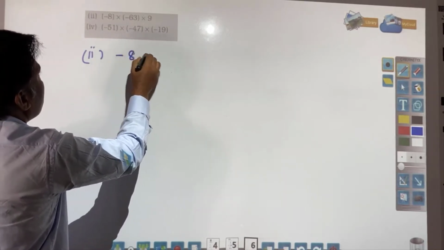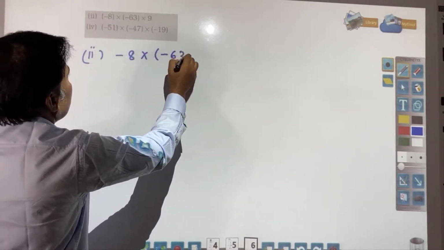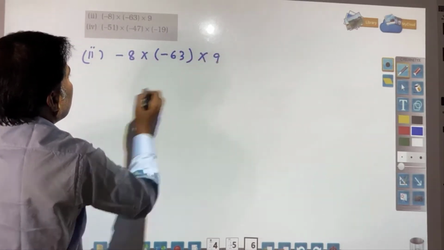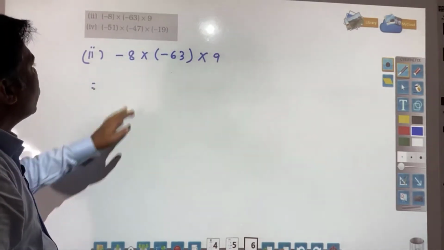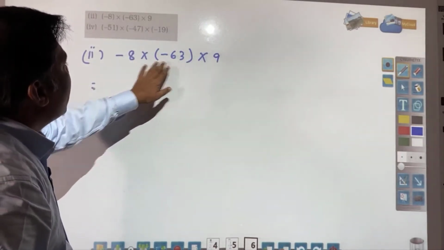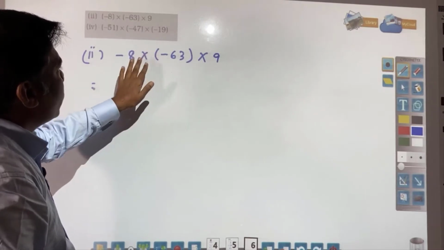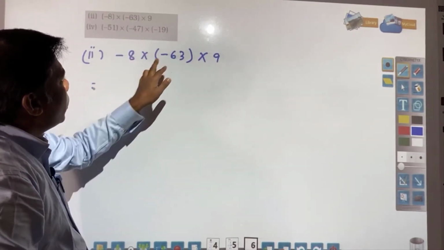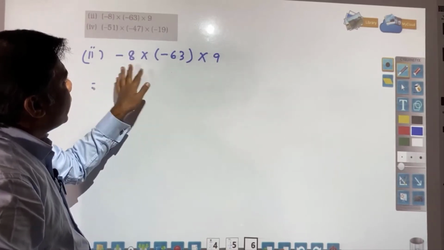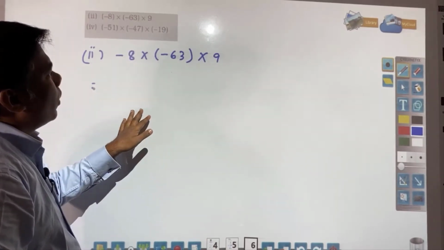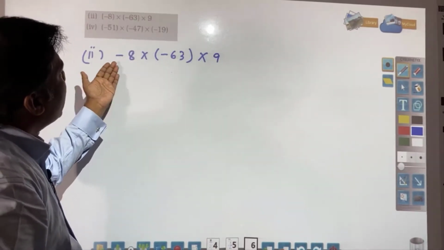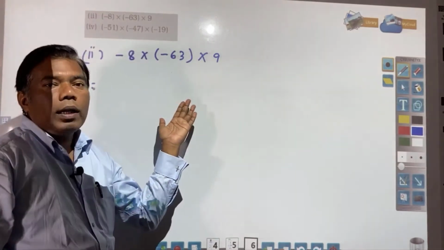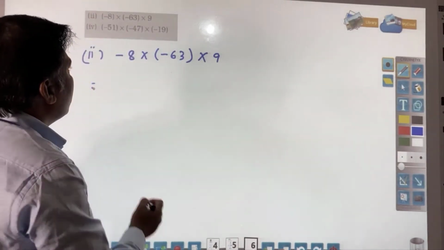Minus 8 into minus 63 into 9. Let's see what we can do. Here itself we can multiply, because 2 times you need to multiply. Otherwise you can do 8 9s are 72 and then 63. 72 and 63 will be required to be multiplied.